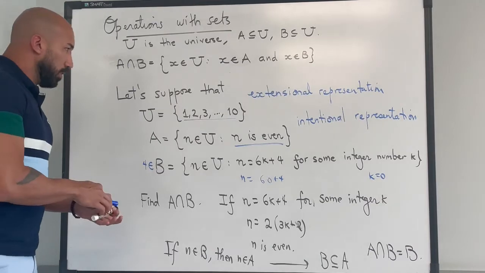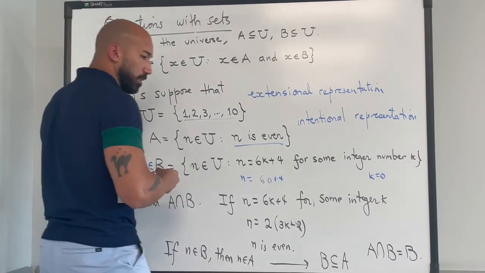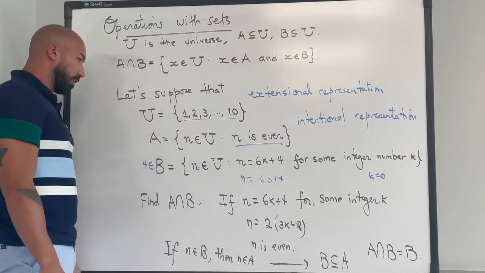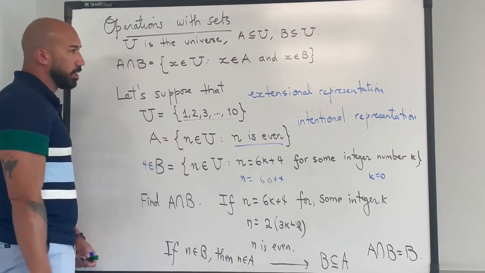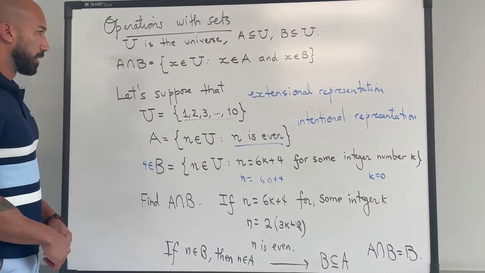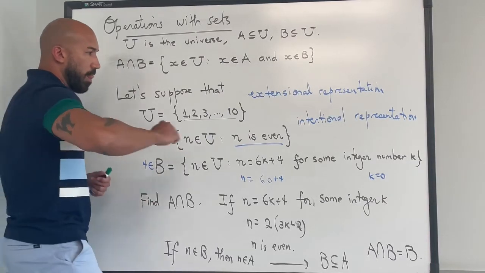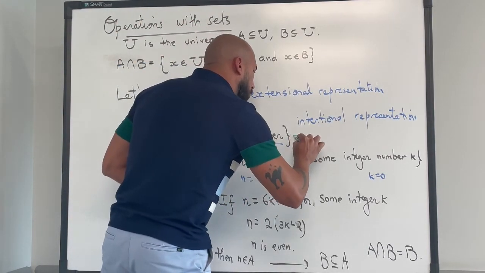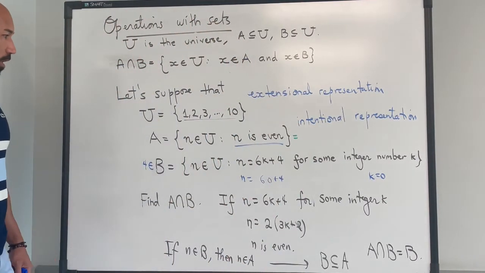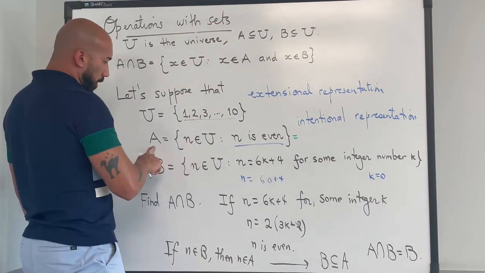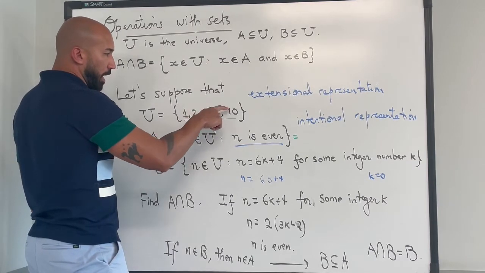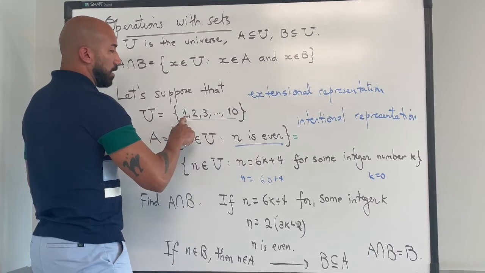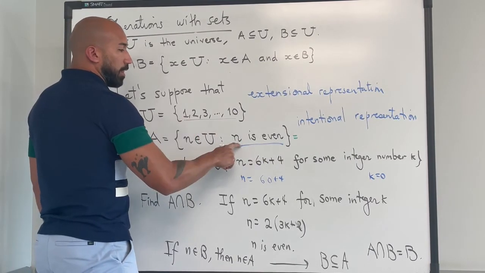So another thing that we can do is the following. Well, let's say that you don't feel confident using these intentional representations of A and B. We can pass from this representation to an extensional one. So what we need to do to get the elements in A is we go over every element in U and we ask every element, are you even?